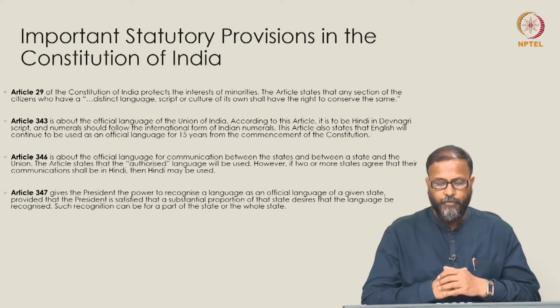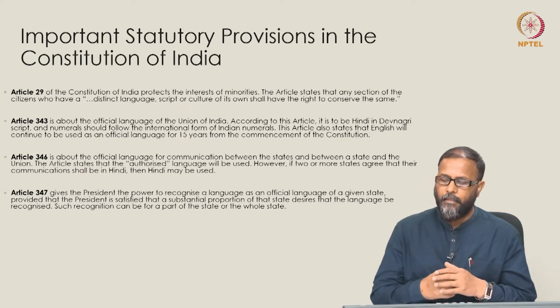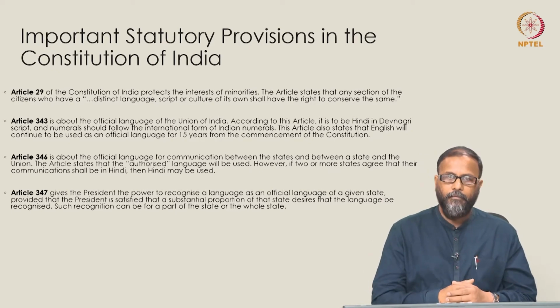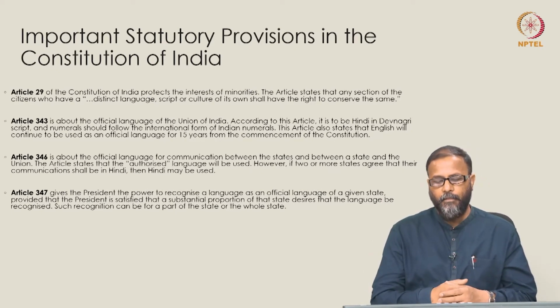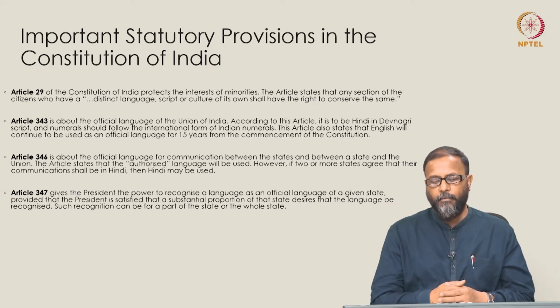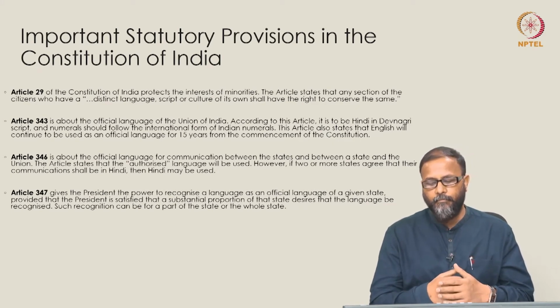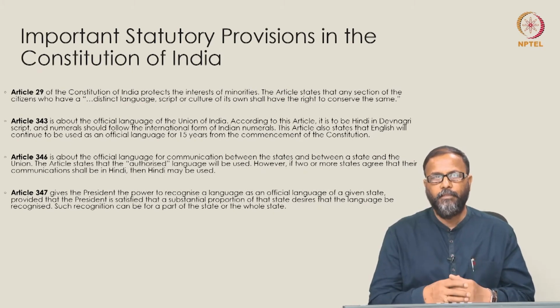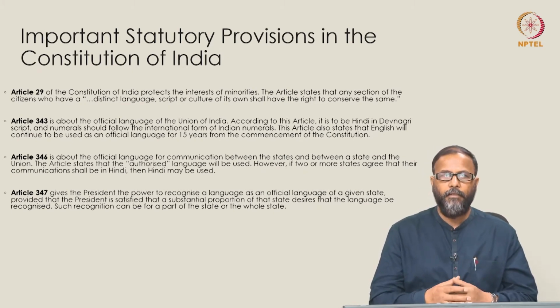The article states that any section of the citizens who have a distinct language, script, or culture of its own shall have the right to conserve the same. So lots of flexibility is there in our Constitution.